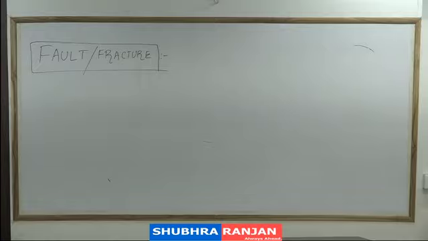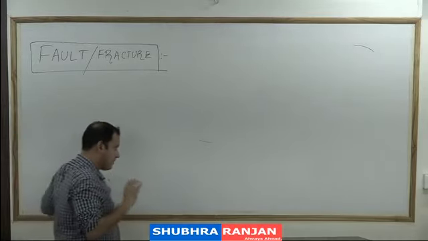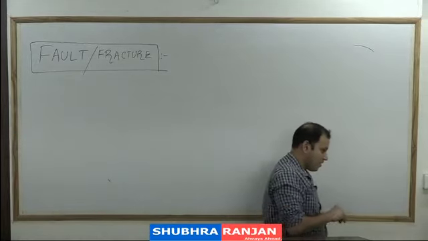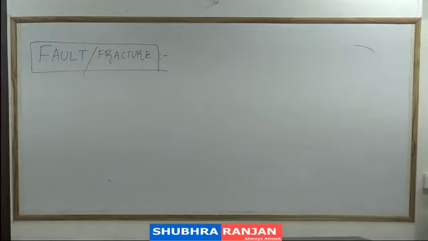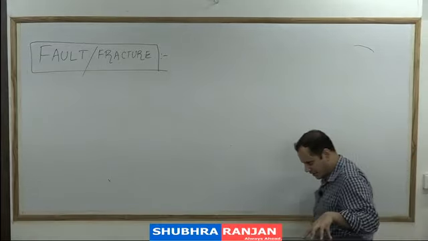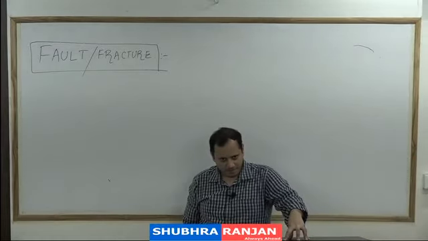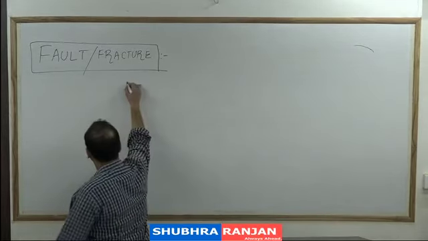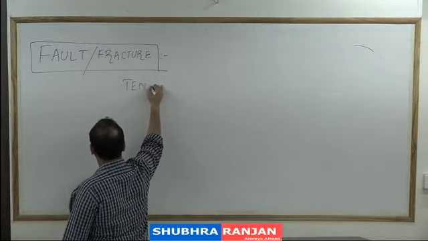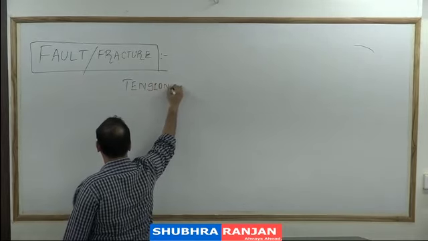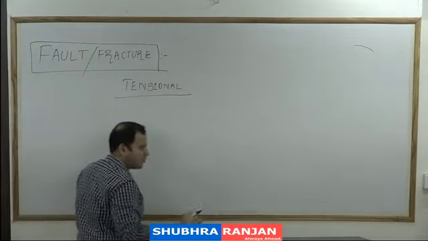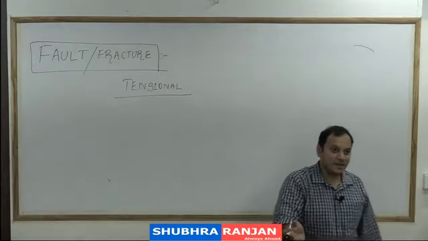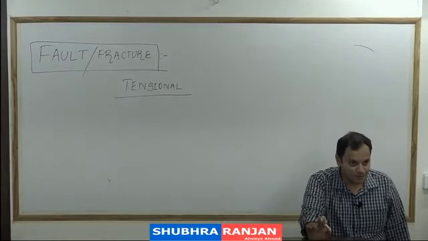Faulting is generally caused, underline the word generally, due to the tensional force. Generally means most of the times it is tensional, sometimes it can be due to compressional forces also.